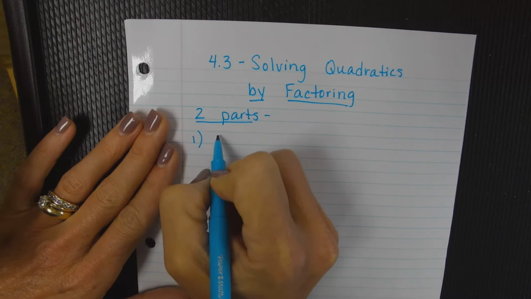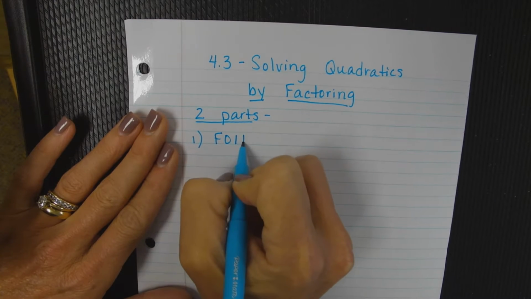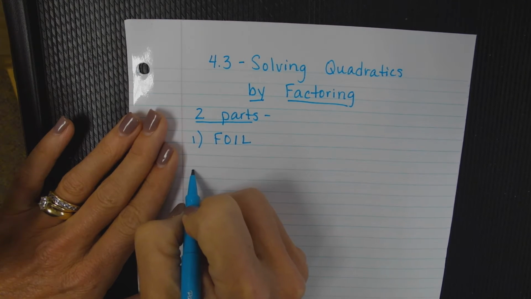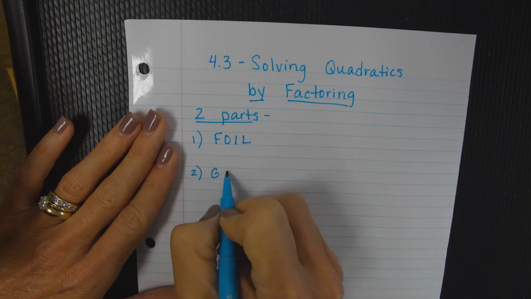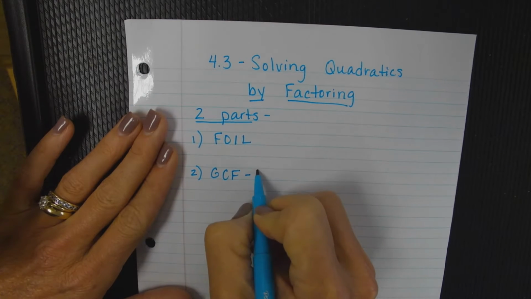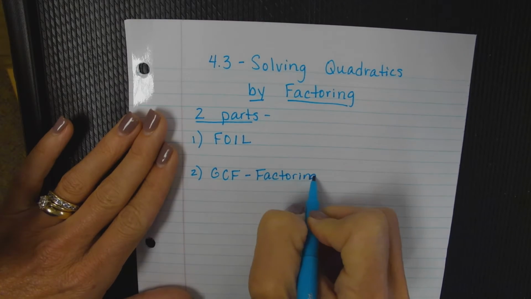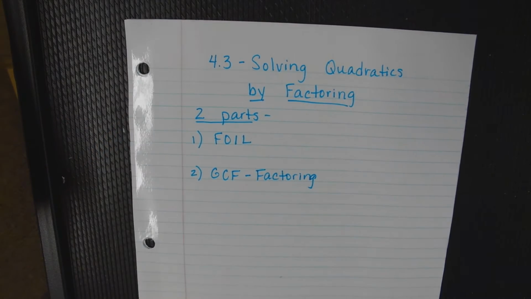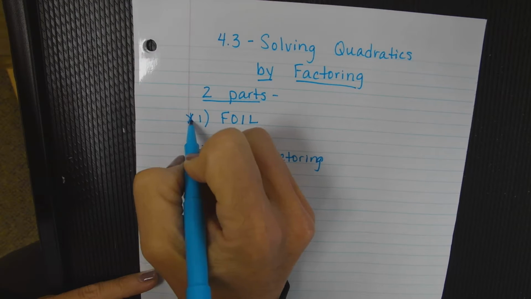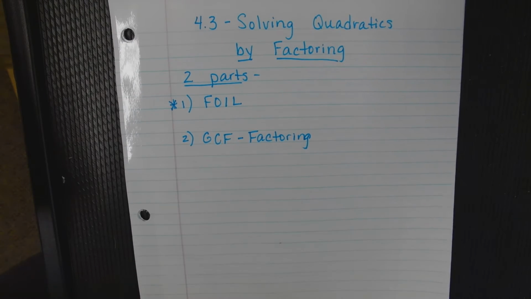The first part is remembering FOIL. That's kind of fun. And the second part is actually doing the greatest common factor, which is the big part of factoring. What I'm going to talk about today is FOIL.